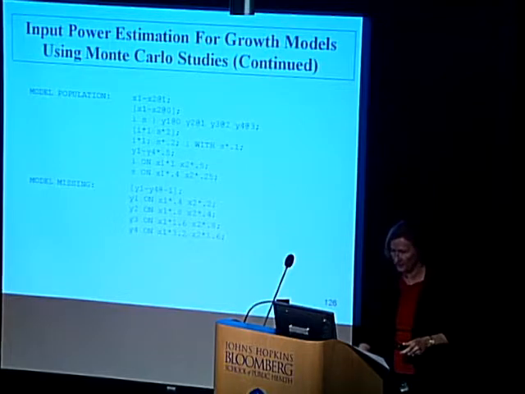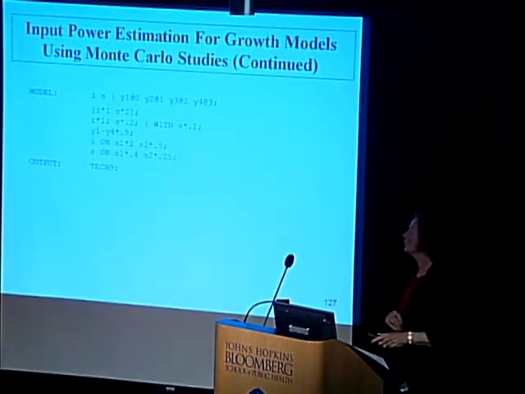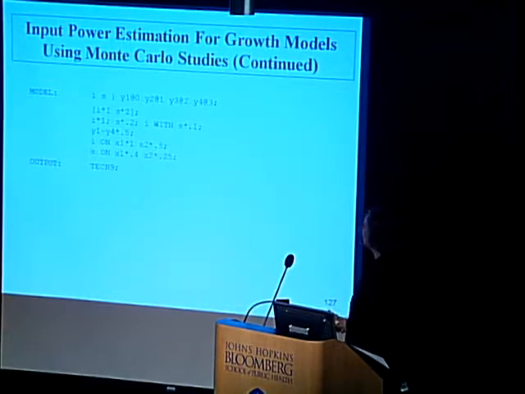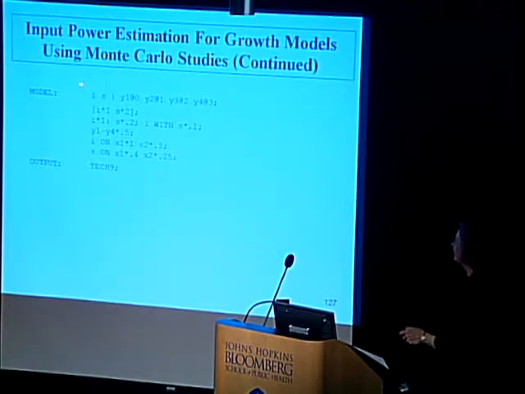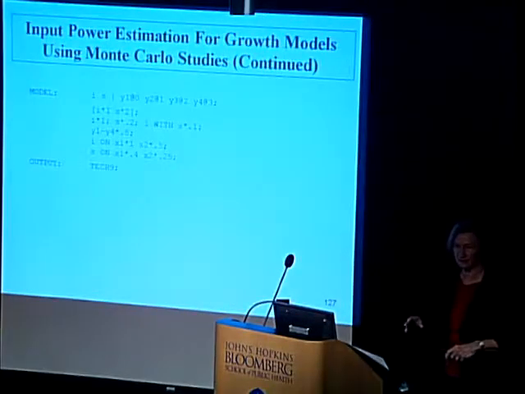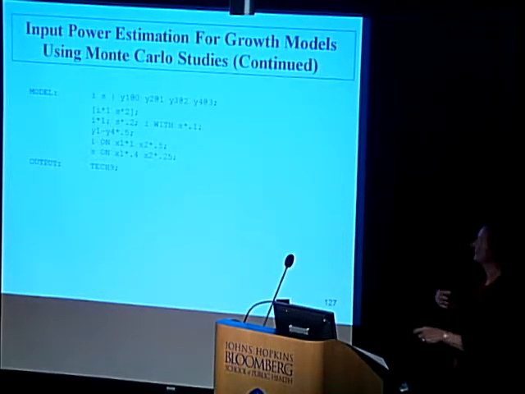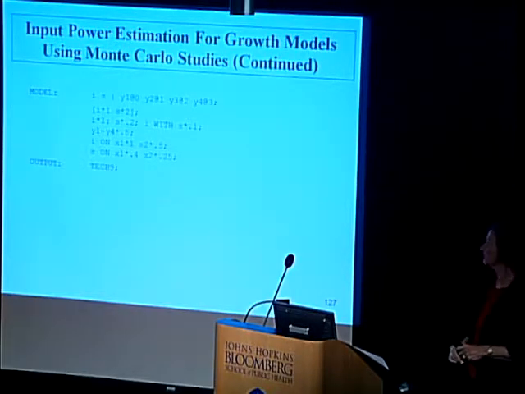Okay, and then we have to give a model to be estimated. And that's given in the model command. So each data set that's generated is analyzed according to the model in the model command.